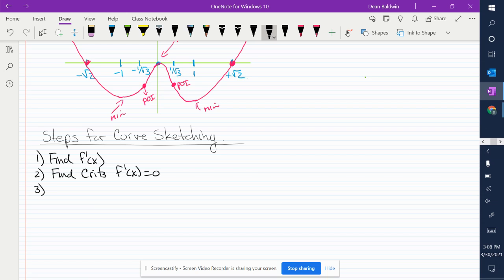Third step. Find f double prime. Once you find that, you should find your PPOI, possible points of inflection, by setting the second derivative equal to 0.